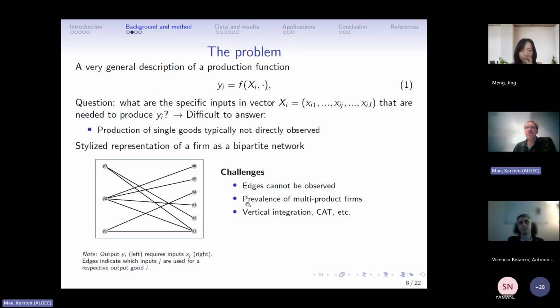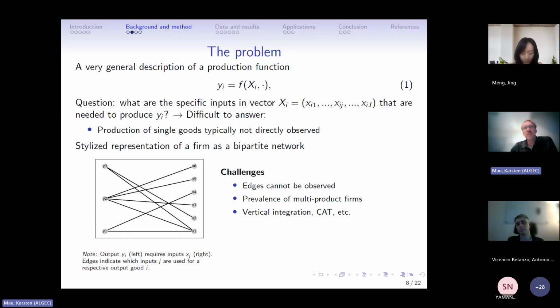Then, of course, when we think a bit more deeply about what we know about firms and international trade in particular, since we are going to use firm-level trade data, we also have to take into account that there are different degrees of vertical integration. Some firms buy products to produce an intermediate good and then make the final product out of it.